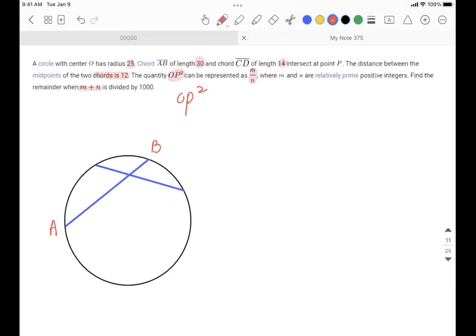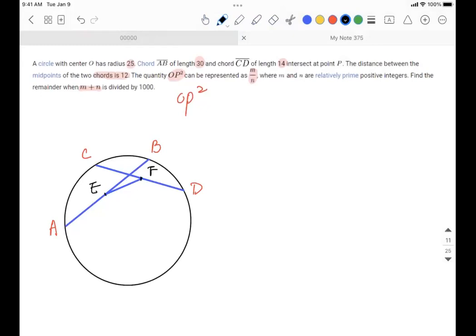The other one is CD, out here. The length is 14. And the distance between the midpoints of these two chords, one here, one here. So let's say these are the two midpoints. This is E. This is F.